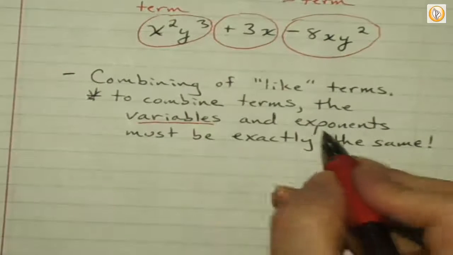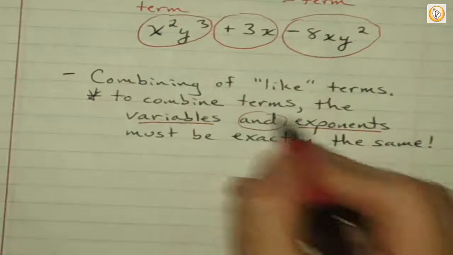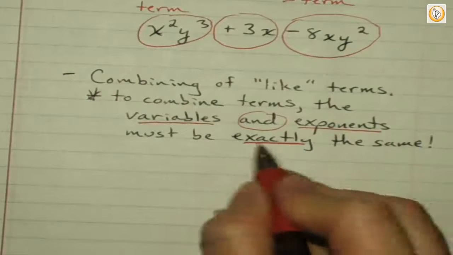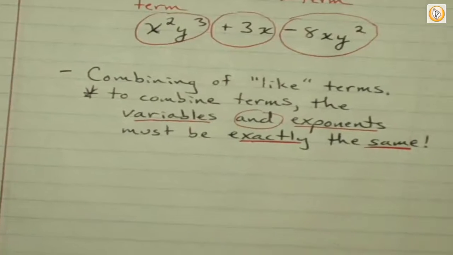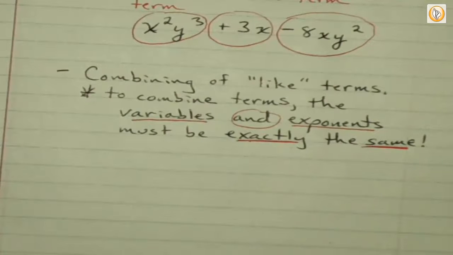The variables and exponents must be exactly the same. Did they say anything about numbers being exactly the same? No. And what are variables again? Letters. Variables are letters. So write that down. When combining like terms, that's what like means. They must be the same variable and exponent.